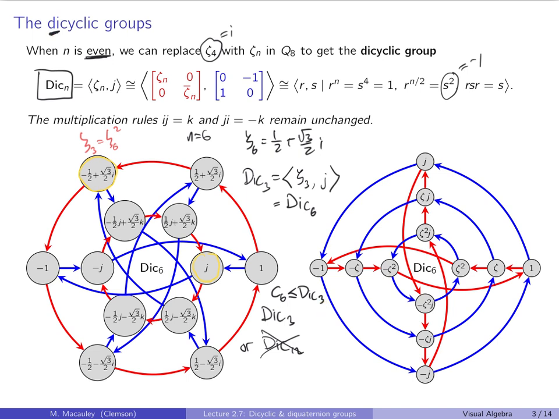So ironically, if I use this convention and force the prefix to match the root of unity, then the whole reason for calling these dicyclic groups goes out the window. But I'm okay with that. The dicyclic name already sticks around. I think it's a losing battle, but I really hope this catches on. And if you ever talk about these groups, I hope you use my convention, because it really does make the most sense with the roots of unity.